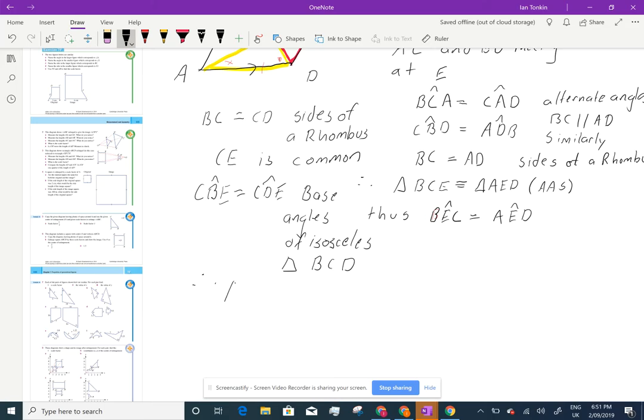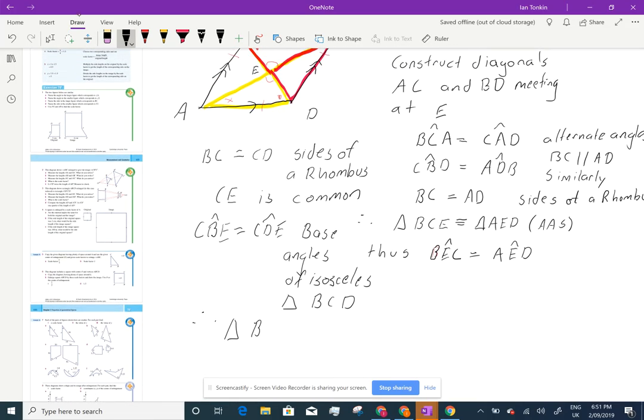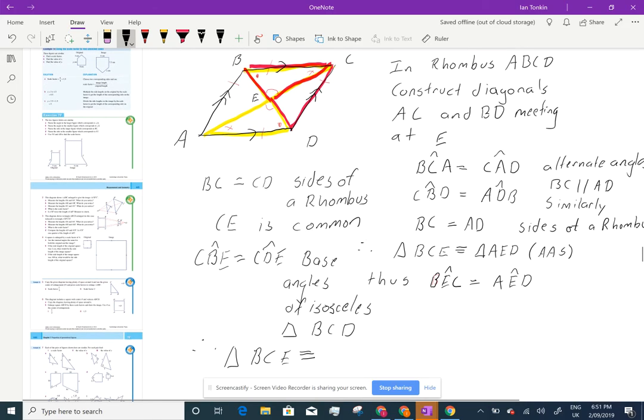Therefore, triangle BCE is congruent to CED.